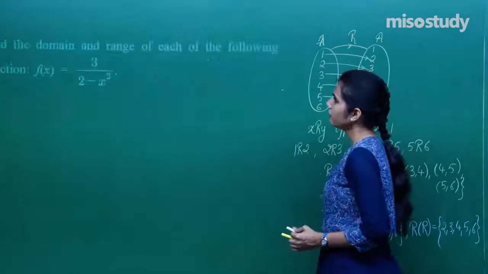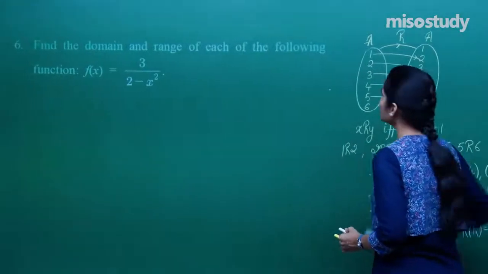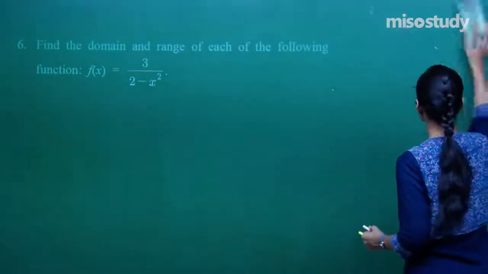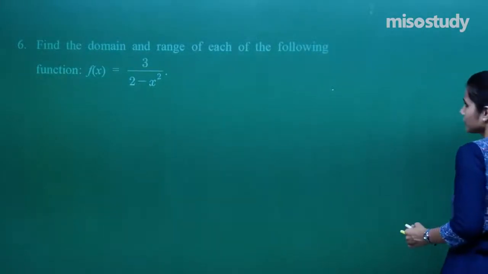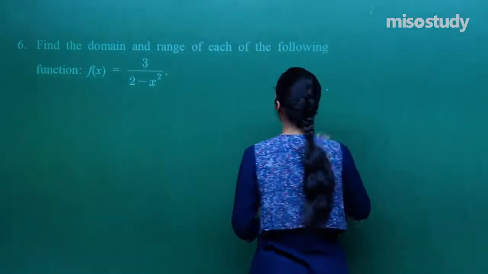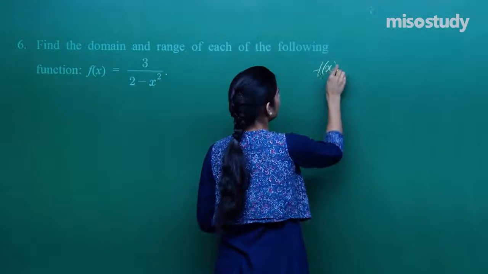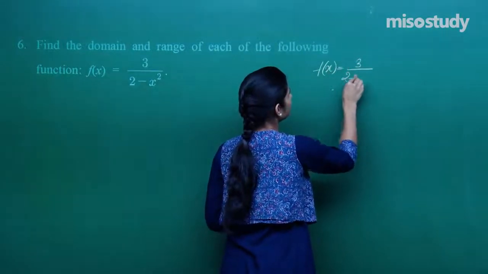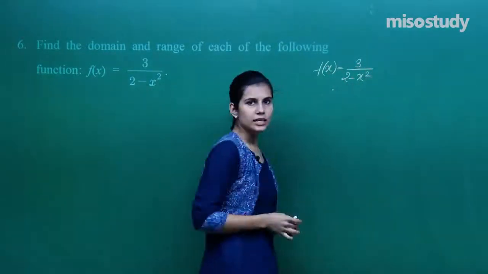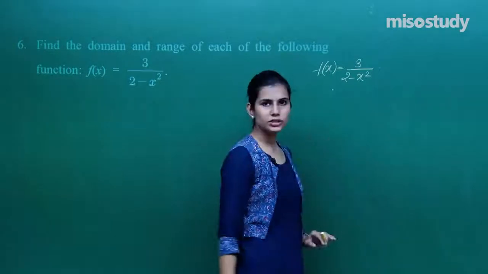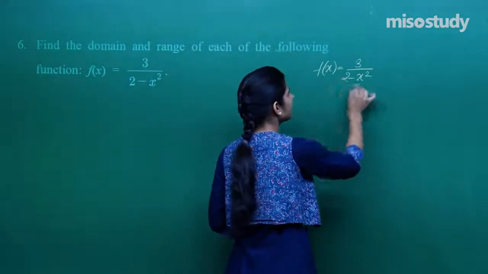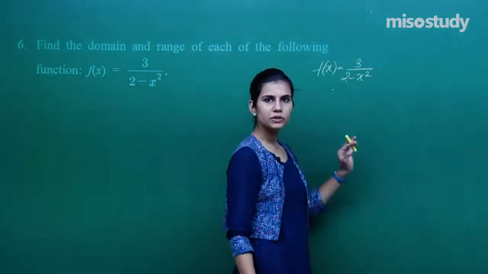Next question we have, find the domain and range of this particular function. I have 3 upon 2 minus x square. fx equals 3 upon 2 minus x square. The moment I am saying this is fx, that means it is a rational function. Rational functions are not defined whenever denominator is equal to 0.